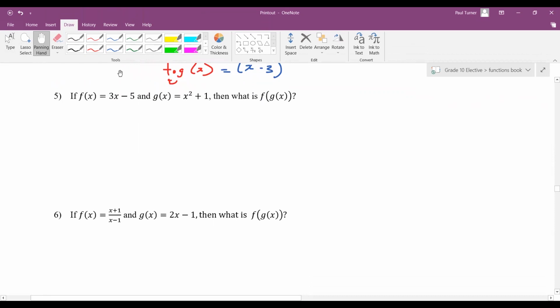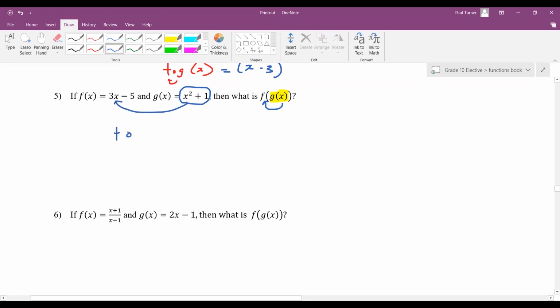So in question 5, we've got a g function here. So check you're getting this right. Inside f. Your g function is here. And we're going to put it inside f. So that would go there.